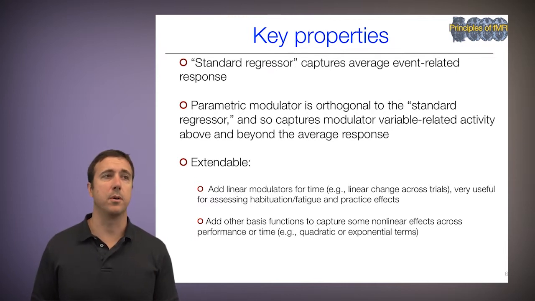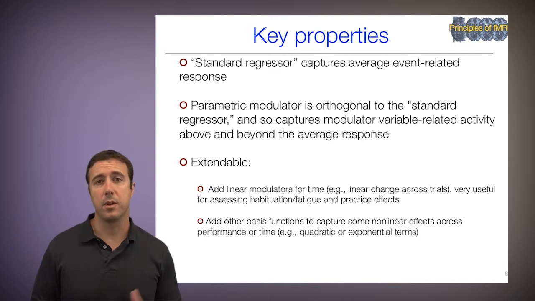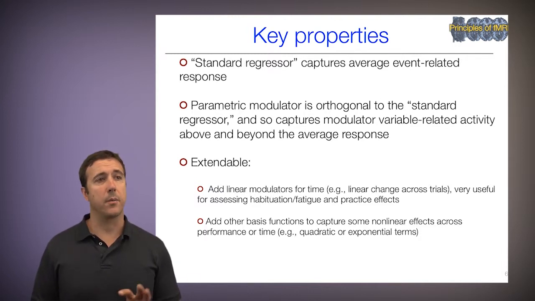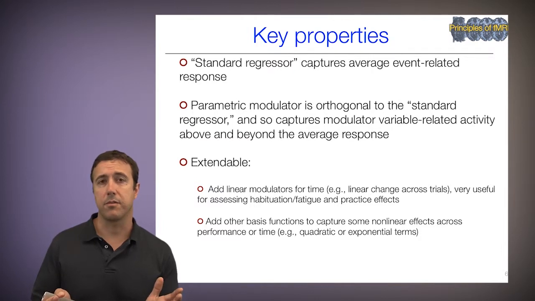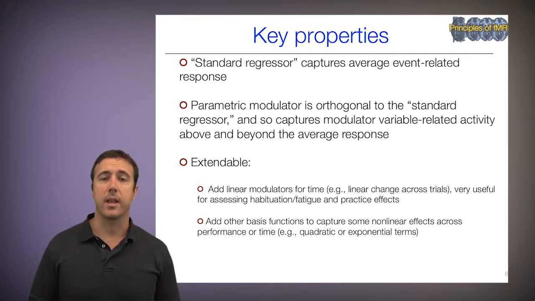It's also extendable, so I can add linear modulators for time, for example, across trials. And this is really useful for assessing habituation or fatigue or practice effects or performance-related changes across time. We can also add other basis functions to capture some nonlinear effects across time. For example, we could add a quadratic function to my linear one, or we can add an exponential modulator as well.